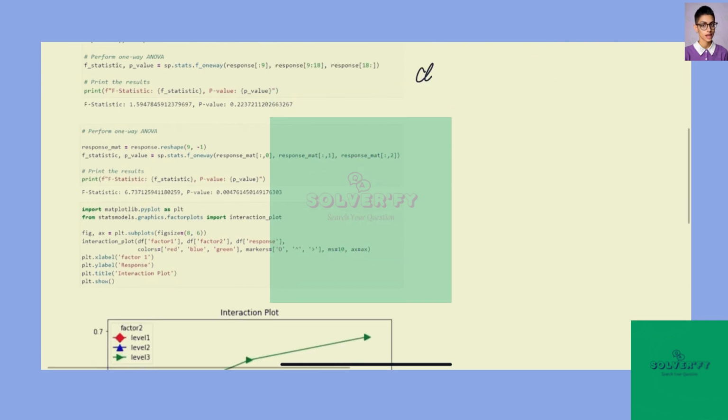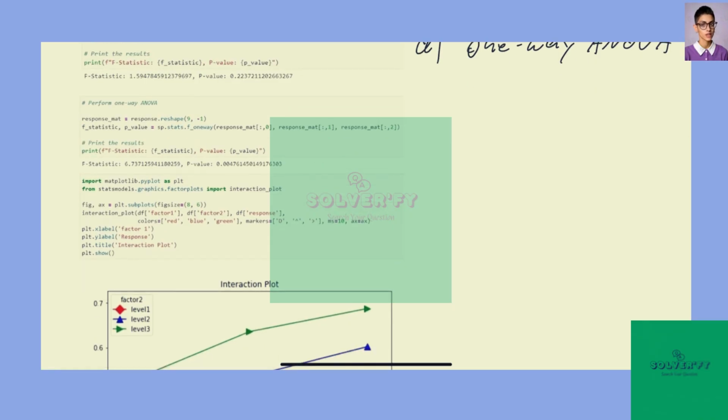Now for D, we can do the one-way ANOVA test for factor A and factor B. And here I have the code in Python to do the one-way ANOVA test for age.